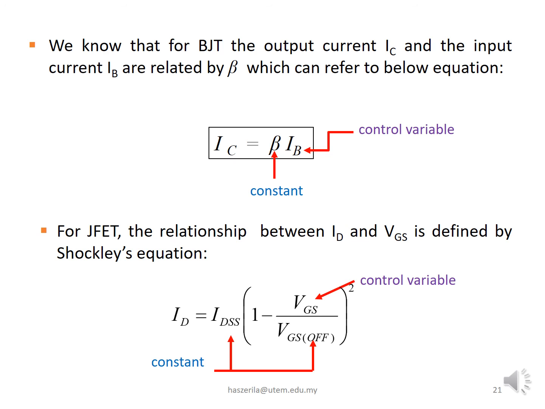For the JFET, the relationship between ID and VGS is defined by the Shockley equation: ID equals IDSS multiplied by 1 minus VGS divided by VGS off, squared. So the value of IDSS will be constant, and also VGS off. The control variable will be the gate-to-source voltage VGS.